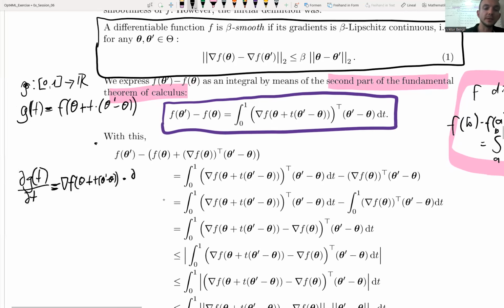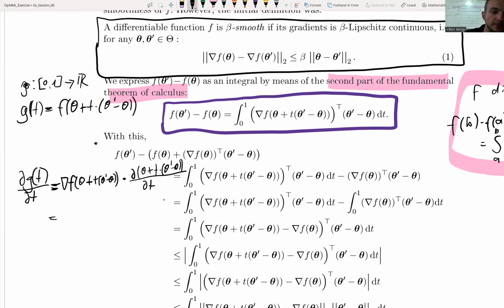And then we multiply this with the derivative of the inner function.